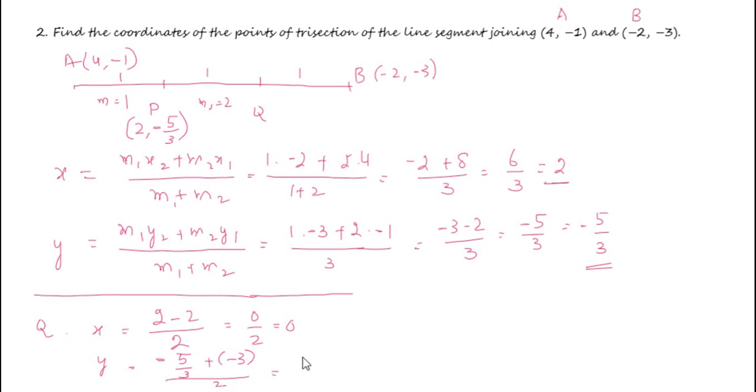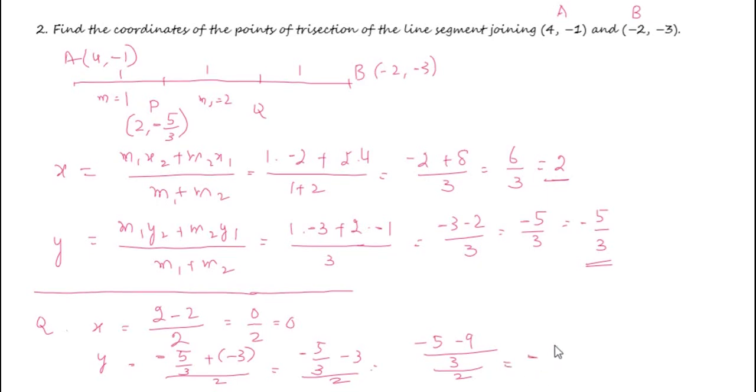So this becomes minus 5 by 3 minus 3 divided by 2. Now with the LCM 3, minus 5 minus 9 divided by 2, this becomes minus 14 divided by 6. You have to multiply 2 and 3, that is equal to minus 7 divided by 3. So the coordinates of point Q are 0, minus 7 by 3.